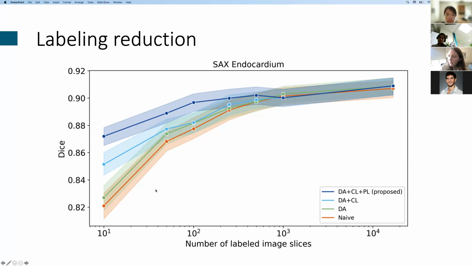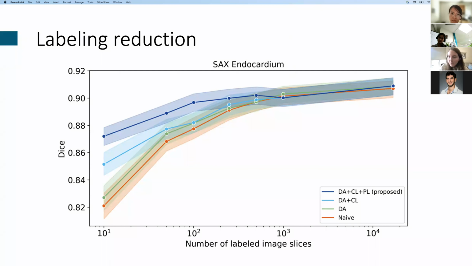And then on the y-axis, I'm showing the dice coefficient, and each colored line here shows an additional component of our method stacked on top of one another. So the orange line is the naive method. If you just train using the given number of labeled images and a random data augmentation, what is the performance of the final network?